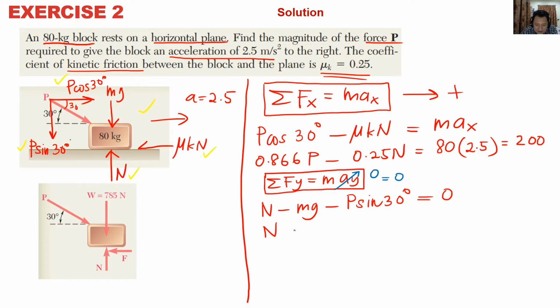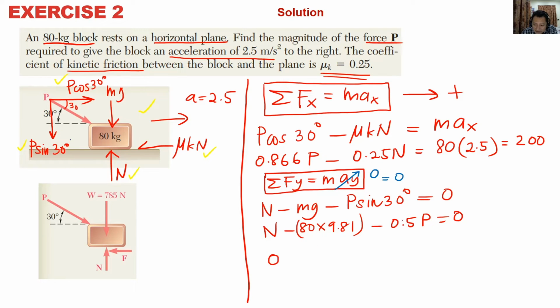So normal I don't know yet. mg is 80 times 9.81 minus 0.5 P is equal to 0. So you might as well arrange it properly.